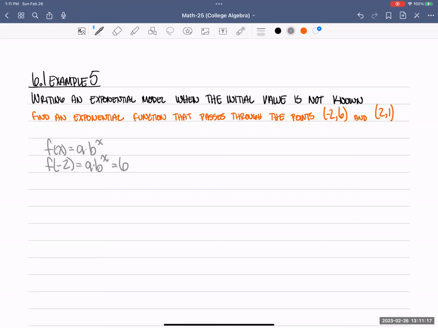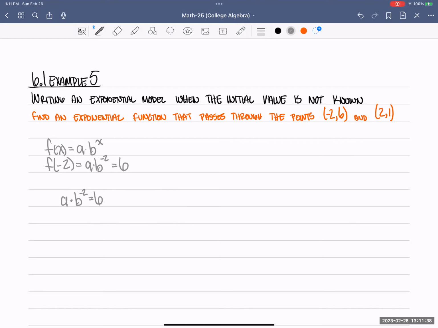So far we have a times b to the -2 is equal to 6.